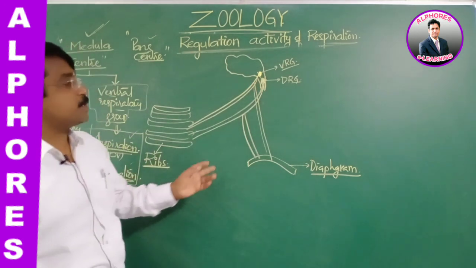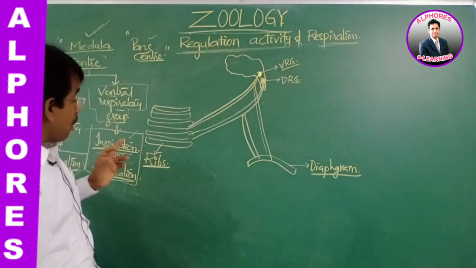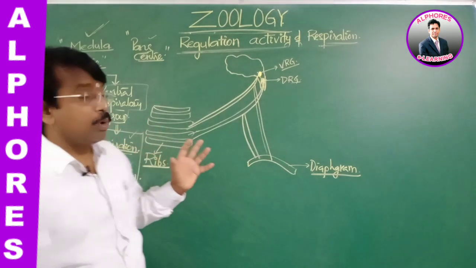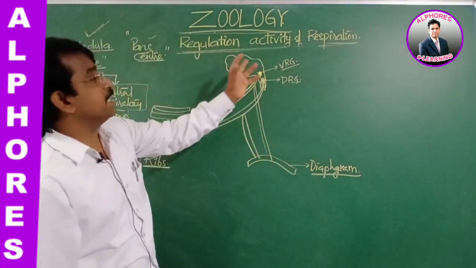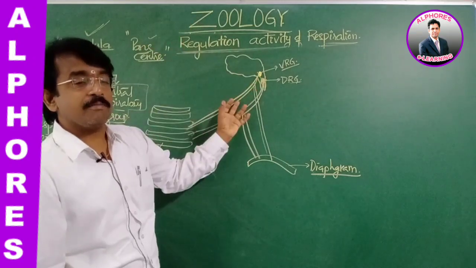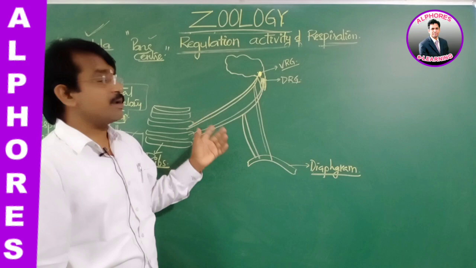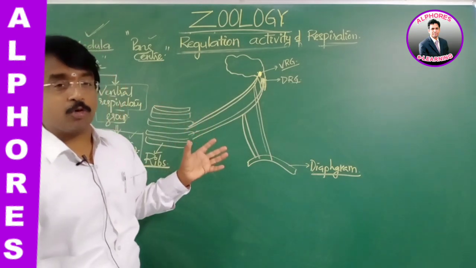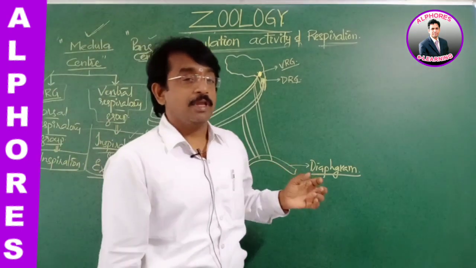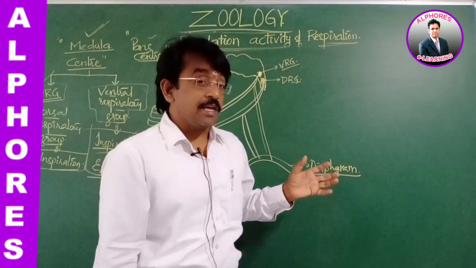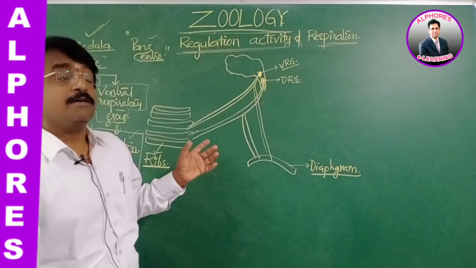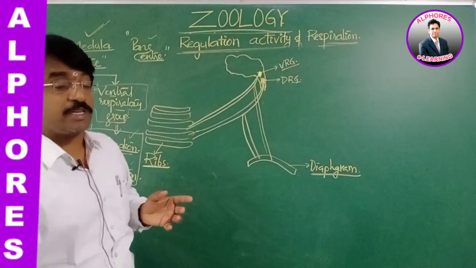That's the reason why it's all a neural activity. The neurons send the signal to the medulla oblongata, the respiratory rhythmic center, which has the two groups, the dorsal respiratory group and the ventral respiratory group, which give the necessary signal to the ribs and diaphragm. That is, the external intercostal muscles and phrenic muscles contract and inspiration takes place.